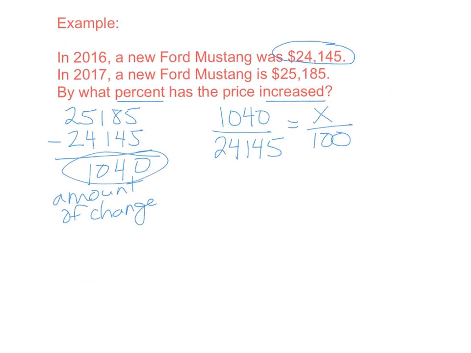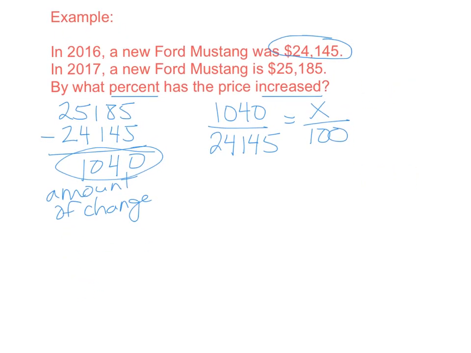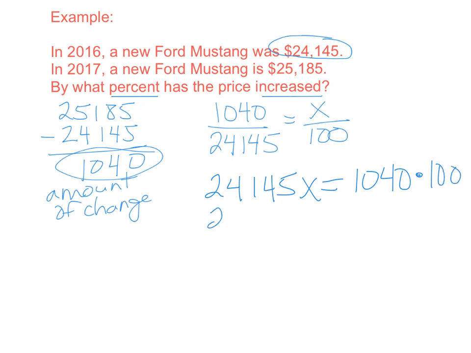Let me give myself a little more space. Now I'm going to do my cross multiplying. I take 24,145 times x and 1,040 times 100. So 24,145x equals 104,000.